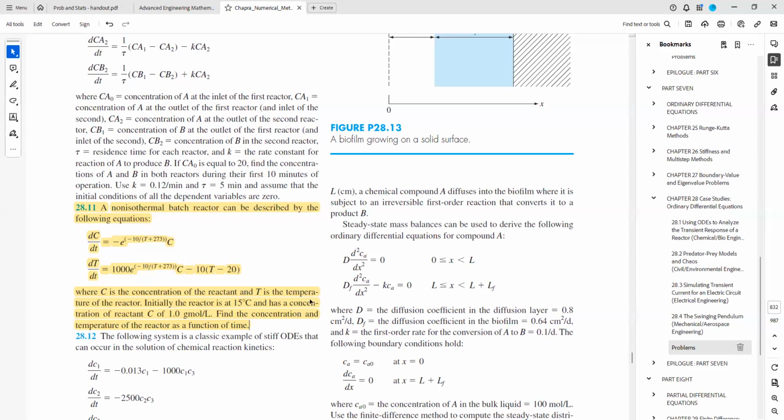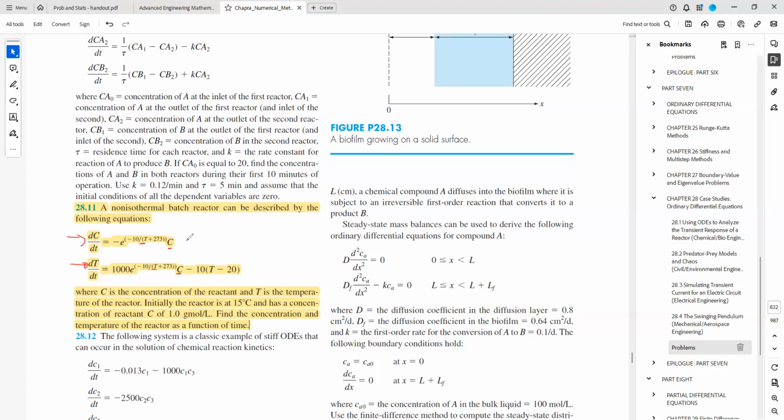It's looking very complicated, but what I want you to take away is that this equation in C depends on both temperature and concentration, and this equation for temperature depends also on temperature and concentration.